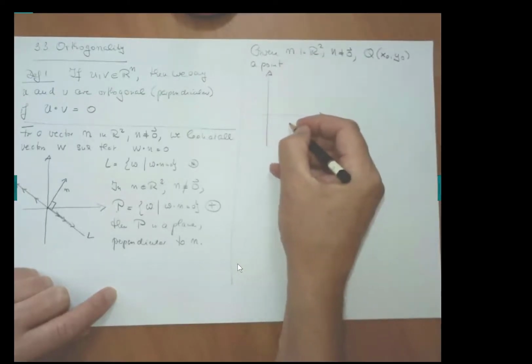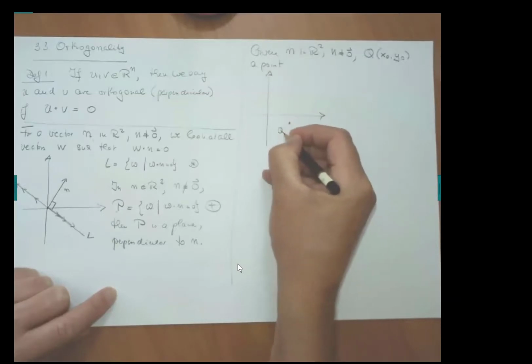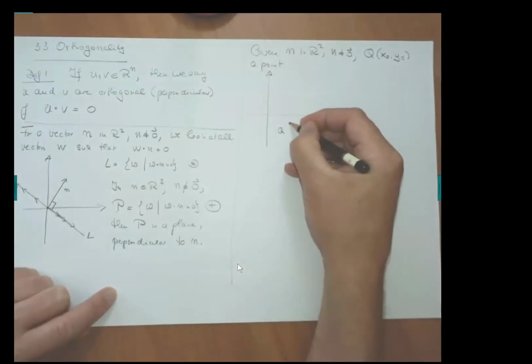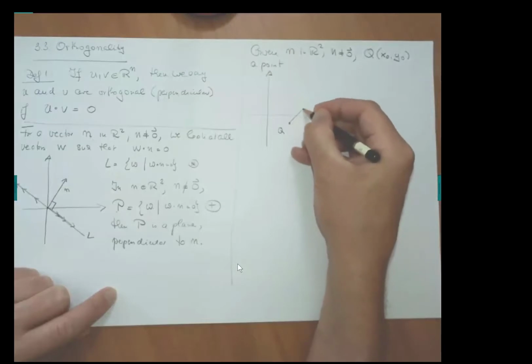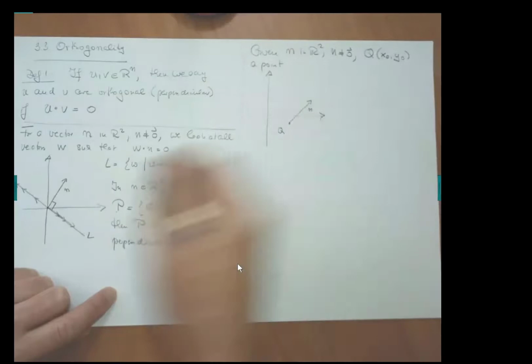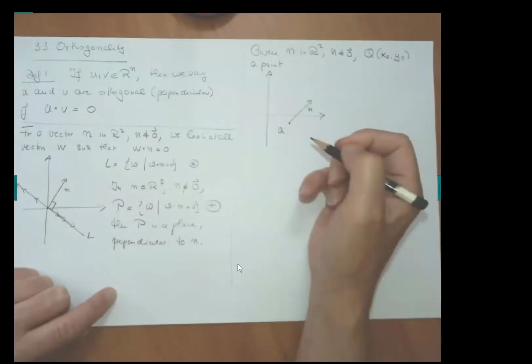Let's say here is the point Q. Then in this point Q, I try to make the same vector we had before, n. It's not important that it's the same, but for this example, I like to make it the same.